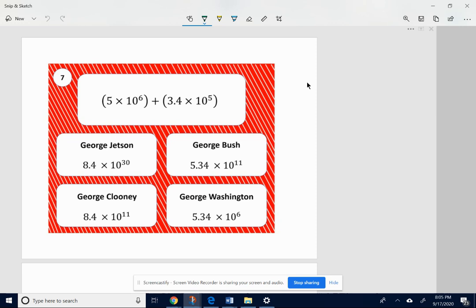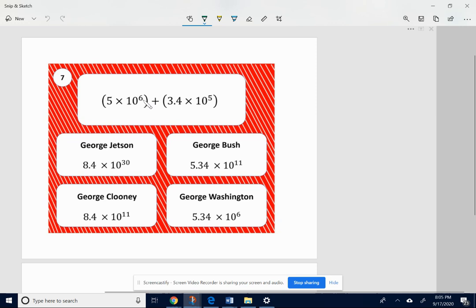Now if we had the same exponents on the 10, which we don't, we could add the decimal parts up and just leave the power of 10 the same. But in this particular problem, they made this a little tricky for us.